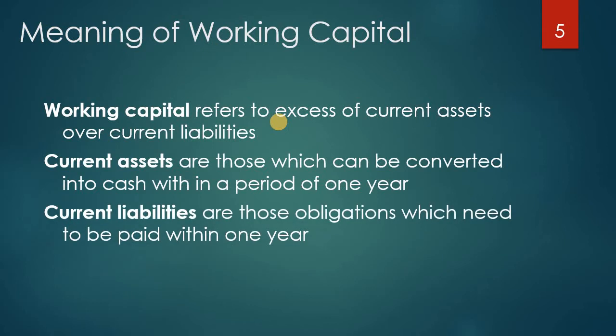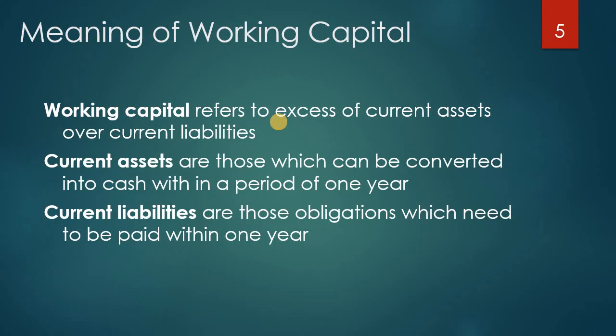Those liabilities can also be said as obligations which need to be paid within 1 year. That means short-term loans, short-term obligations which have to be paid. For example, payment to suppliers, loan repayment, short-term credit, all these things. So this is the meaning of working capital.